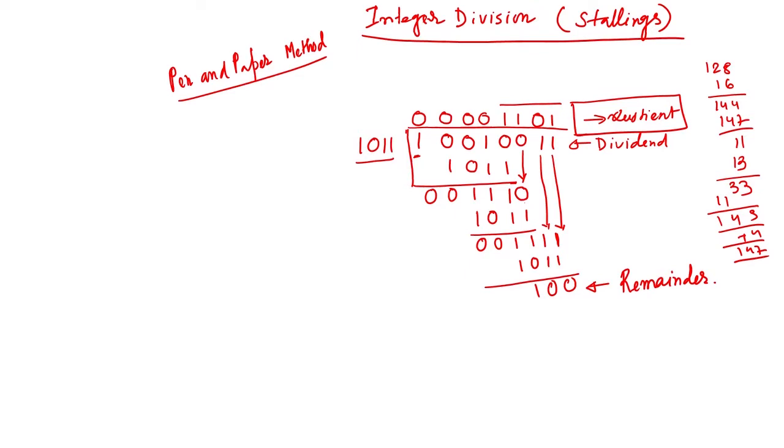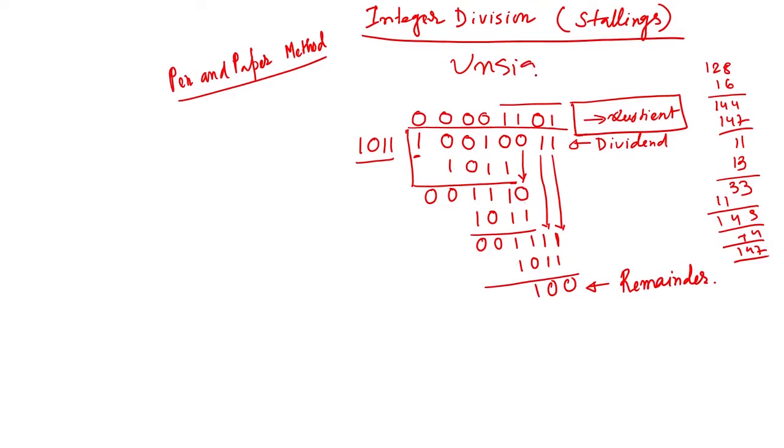This can be written in a flow chart, but one thing to remember is that this is for division of unsigned numbers. Maybe we can write the same thing here.